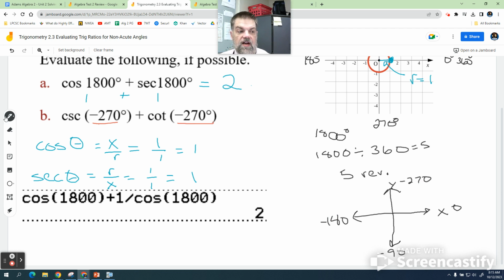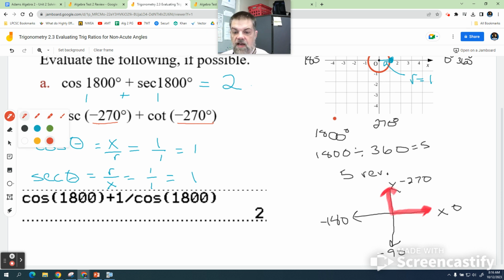In other words, our angle is going to go from here, this is our initial side. And from there, we're going to come around negative 90, negative 180, negative 270. So this is our angle.